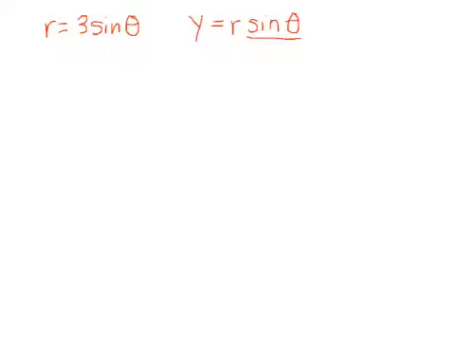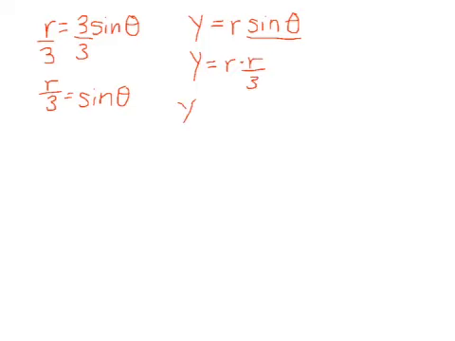So if we come back over here to this equation, if we divide both sides by 3, we get r over 3 equals sine theta. So that's what we're going to replace the sine theta with over here. So we end up with y equals r squared over 3.